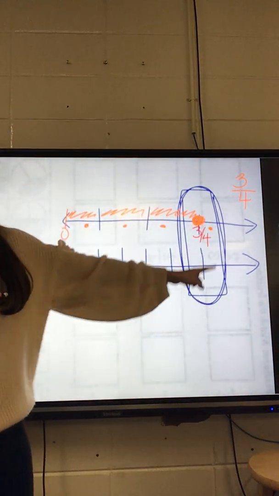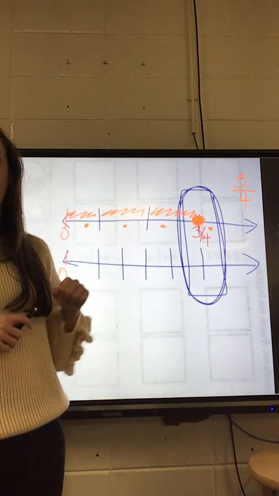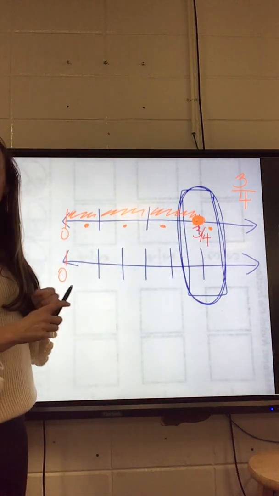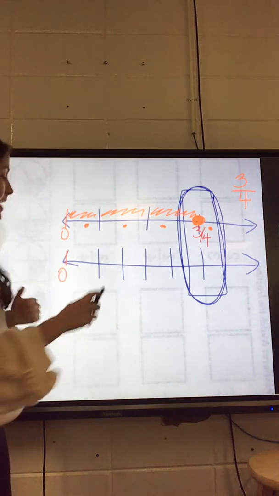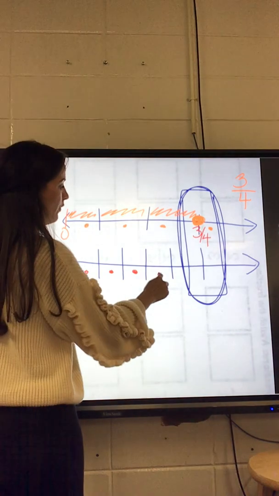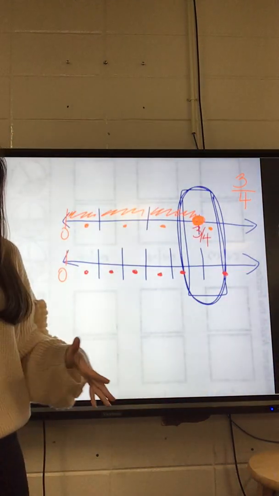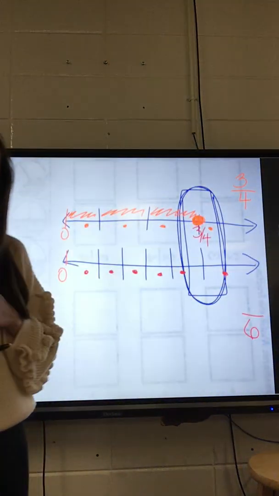So now we've got to figure out, what fraction is here that is going to be equivalent to 3/4? You ready? Let's count the bottom part. Let's find the denominator. 1, 2, 3, 4, 5, 6. I'm in sixths.